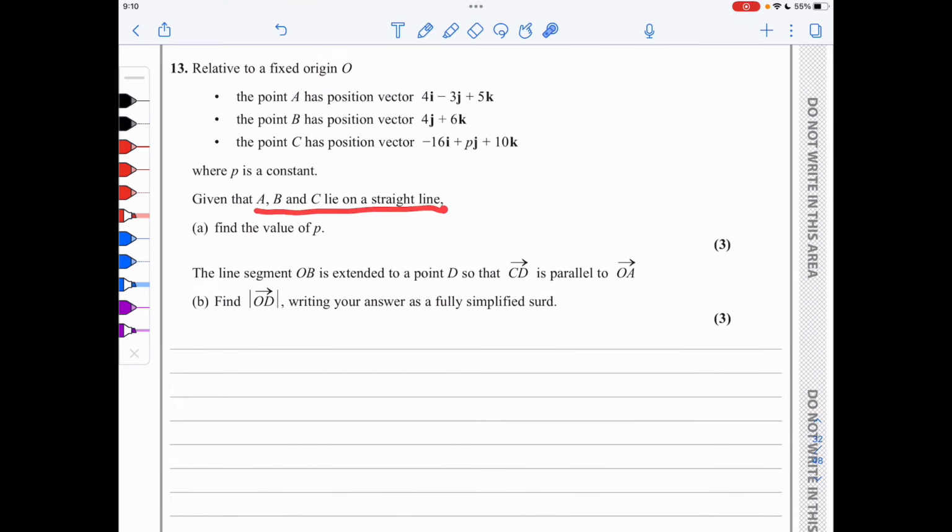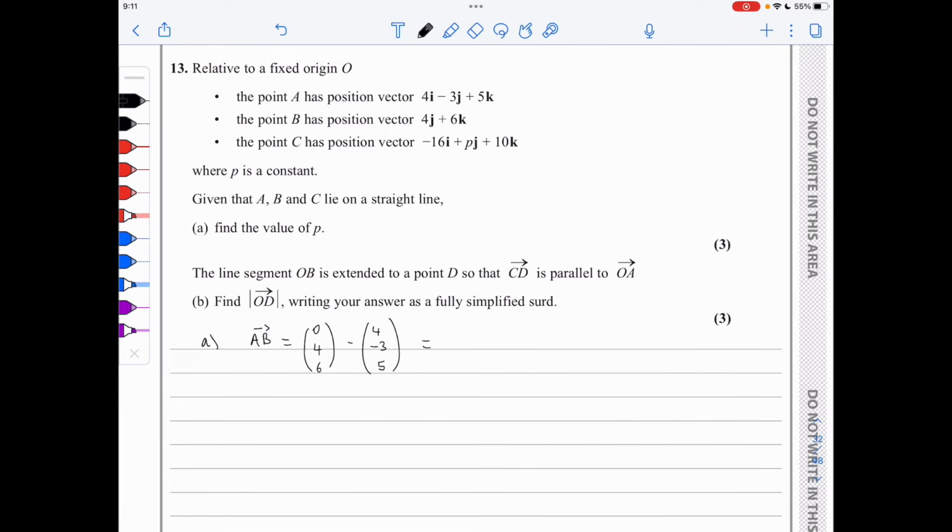In 13, we've got the points A, B, C, and their position vectors, and we are told that A, B, and C lie on a straight line, and we need to find the value of p. I will start by finding the vector AB. So the vector AB is simply the position vector of B, which is (0, 4, 6), minus the position vector of A, which is (4, negative 3, 5).